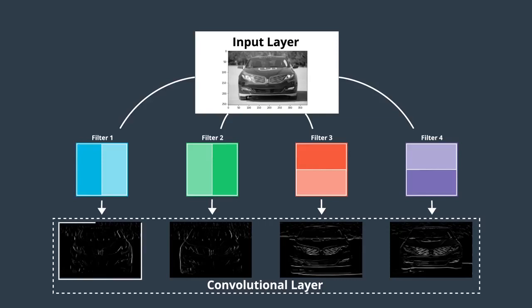In this activation map, for instance, we can see a clear white line defining the right edge of the car. This is because all of the corresponding regions in the car image closely resemble the filter, where we have a vertical line of dark pixels to the left of a vertical line of lighter pixels.